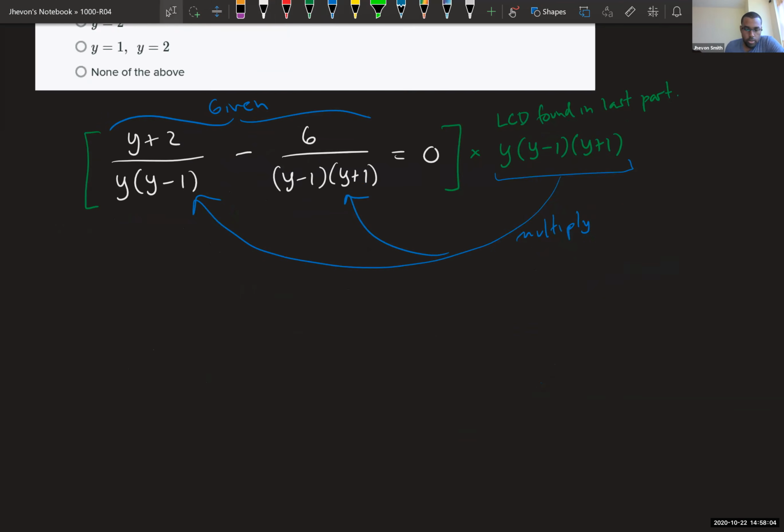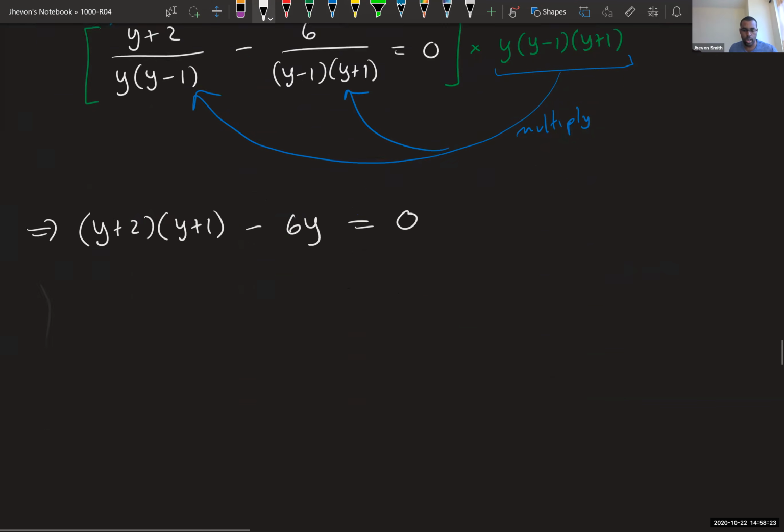In the first scenario, the y times y minus 1 cancels. I'm just left with a y plus 1. So this is y times 2, y plus 1. Here, the y minus 1 and y plus 1 cancel, so I'm just left with the y equals 0.